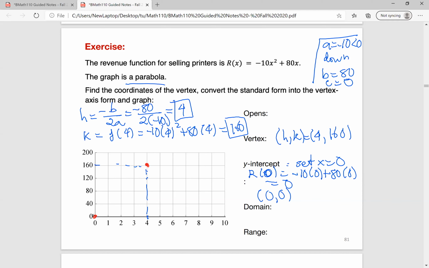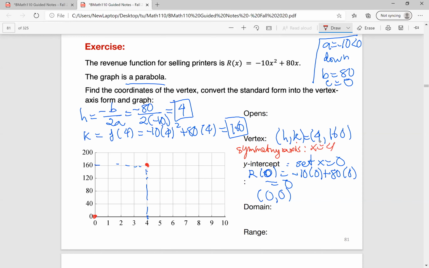Okay, then you should also have a symmetry axis. Symmetry axis is x equal to 4, right?